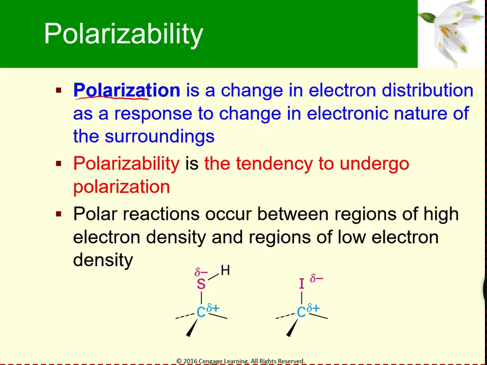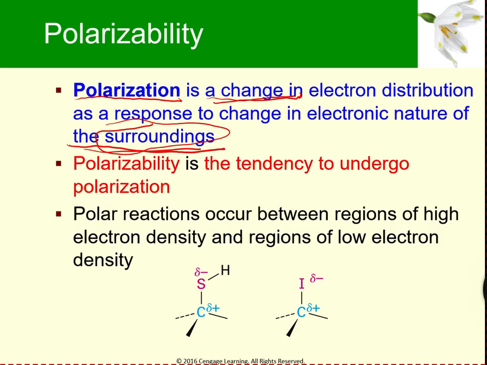Polarization is a change in electron distribution as a response to a change in the electronic nature of the surroundings. So polarization is a change of electron distribution due to a change of surroundings. Actually, polarization is an induced property. When the surrounding is changed, the electronic distribution in the chemical bond is changed. So this change is induced by the surrounding, right?